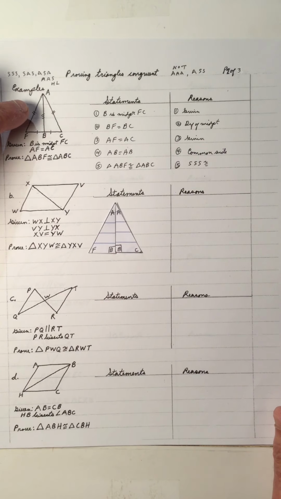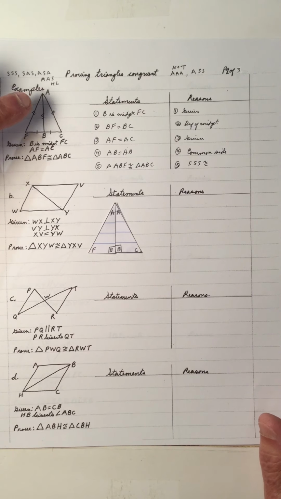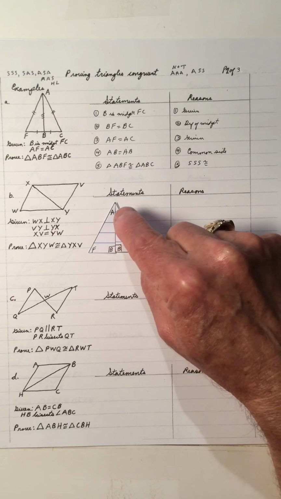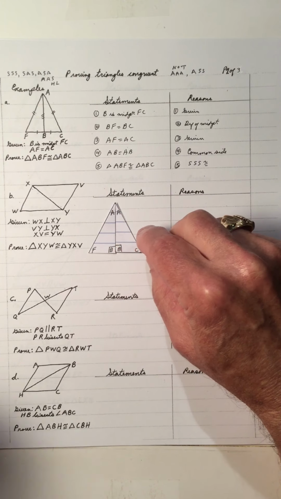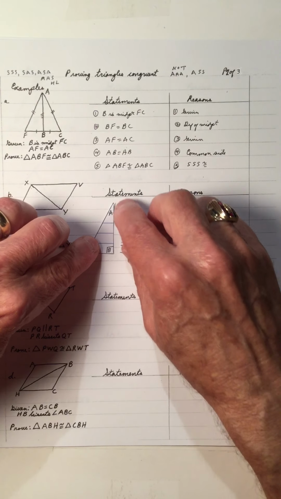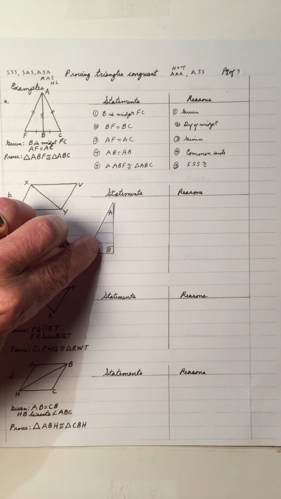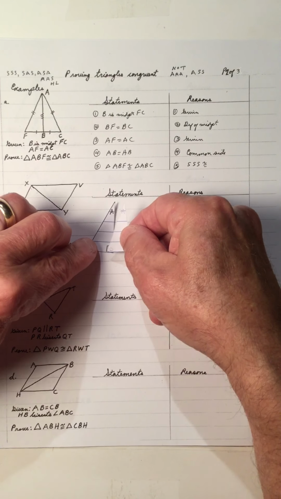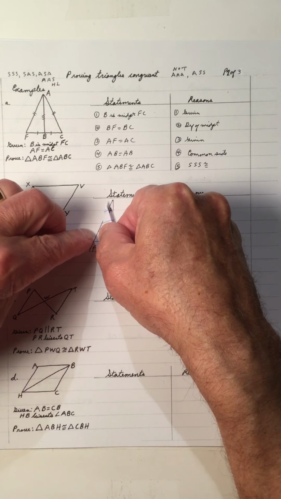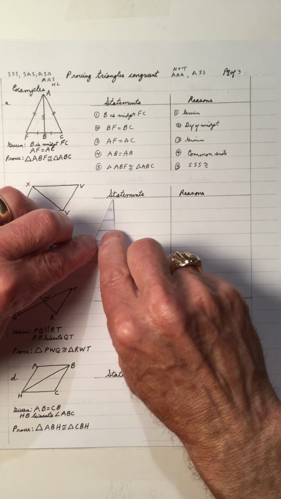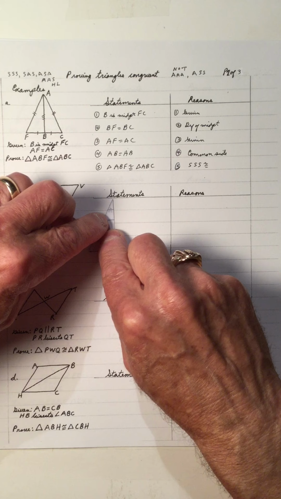So that diagram right here is this one. I took the scissors and cut them in two and marked A on each of the angles and B. So the two triangles are congruent. If I lift them up and bring it back and fold them on top of each other like this, then you can see that the two triangles are congruent because they fall exactly on each other.